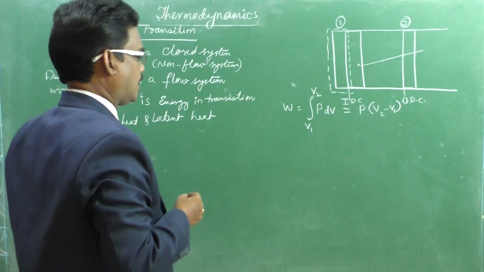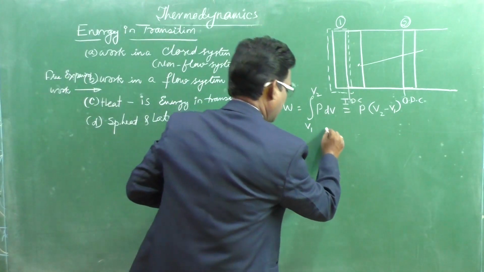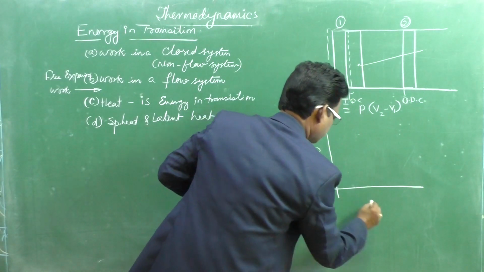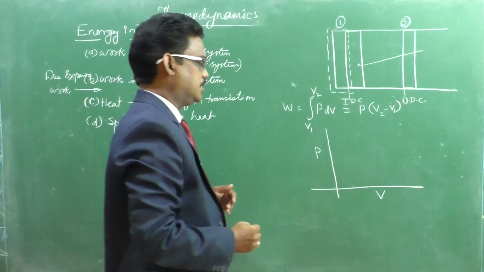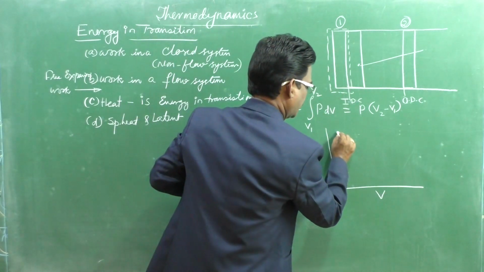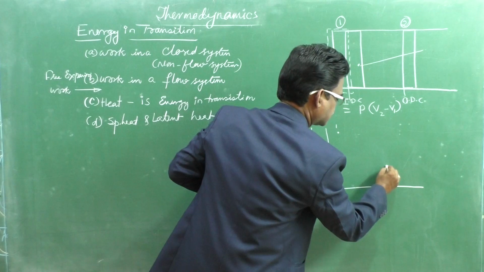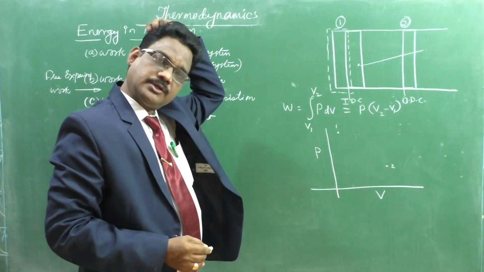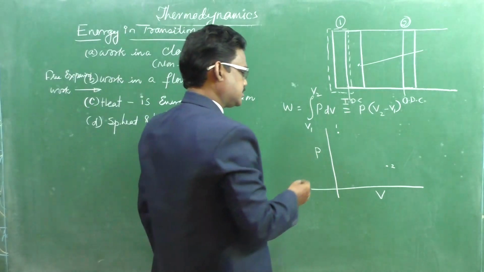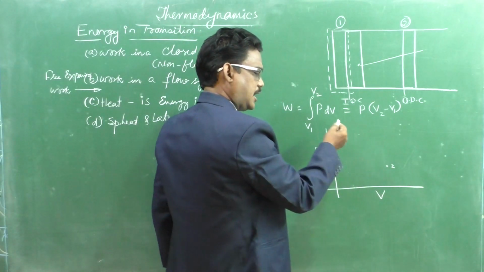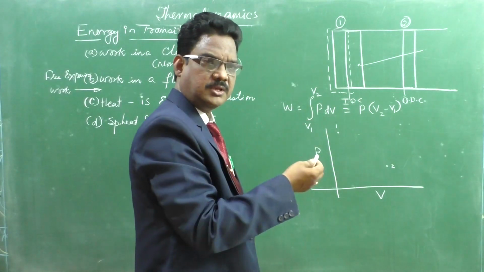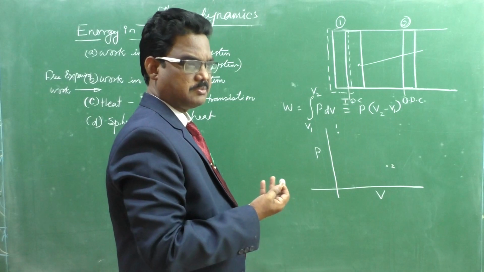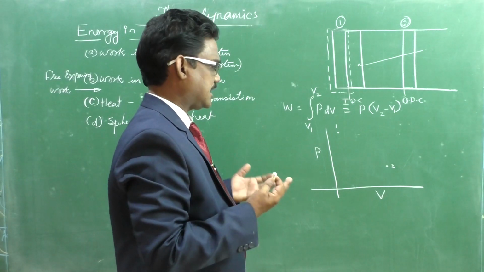Suppose if you want to represent the same thing on a PV diagram, this is pressure versus volume. This is state 1 and this is state 2. The work may be at constant pressure, it may be an adiabatic process, a polytropic process, an isothermal process, likewise.